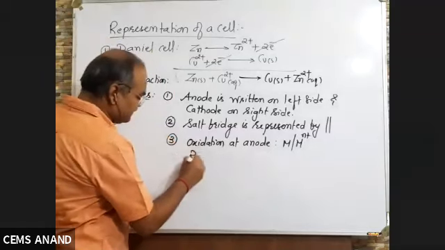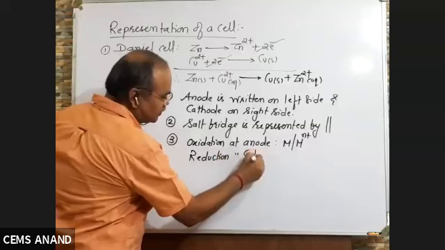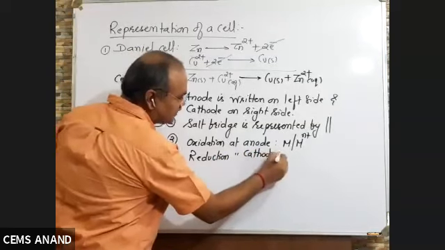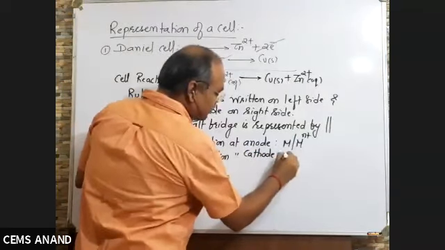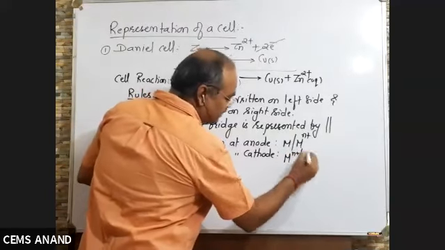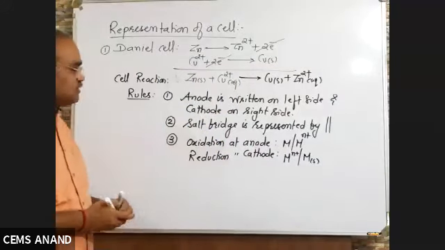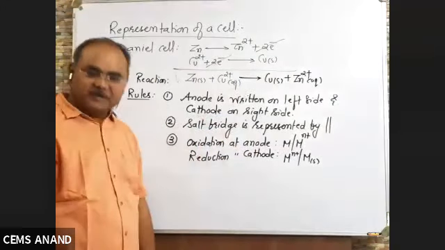And reduction at cathode is represented by the symbol ion/metal. So these are some rules to represent a cell.